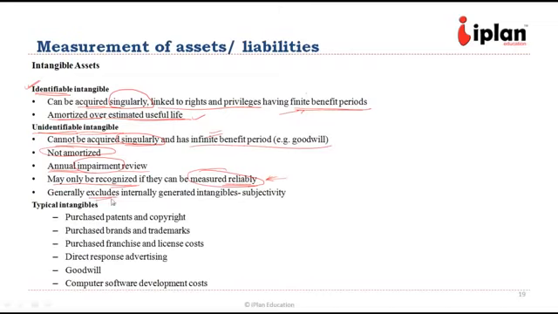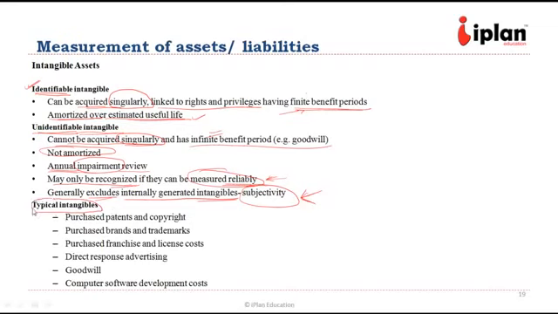The unidentifiable intangibles also exclude internally generated intangibles because there will be a lot of subjectivity. For example, if there is internally generated brand value or goodwill, it cannot be recognized. But if it is acquired or purchased, in that case it can be recognized, since there is no subjectivity involved.